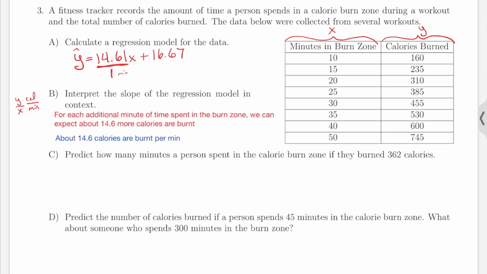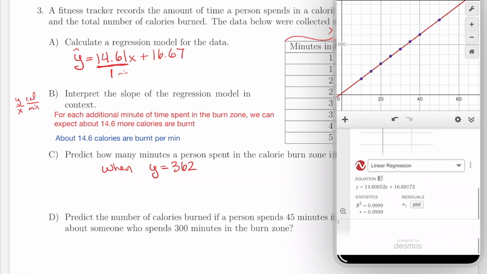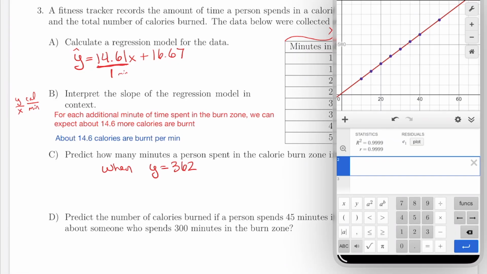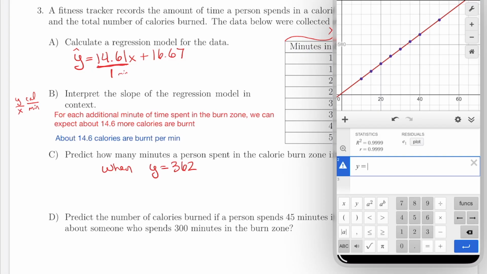Predict how many minutes a person spent in the burn zone if they burned 362 calories. Now, 362 calories is a Y value. So when y equals 362, all I'm going to do is go back here. I'll go to a new line and type that exact thing in. I'll say y equals 362.